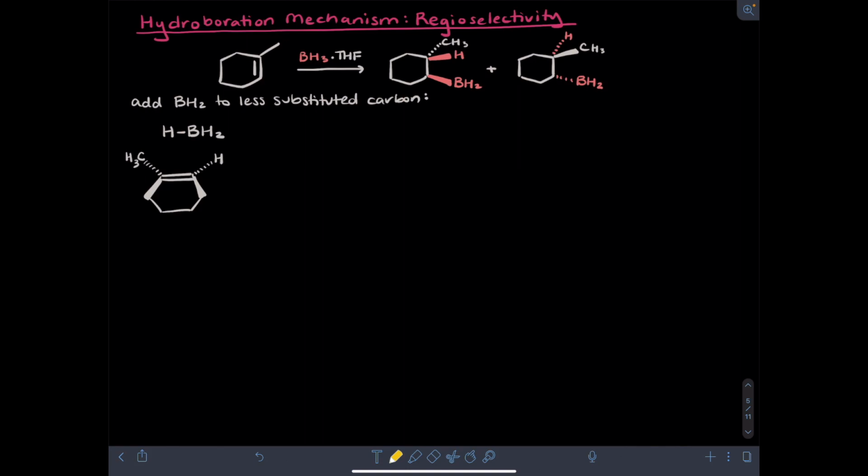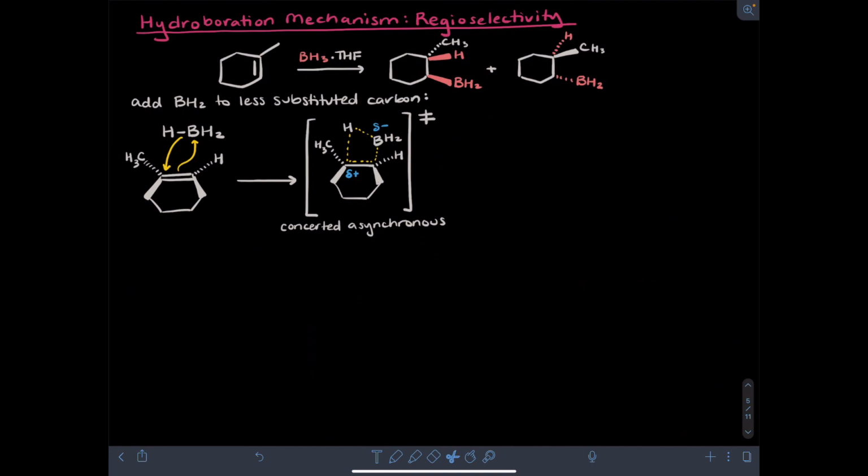It's going to have 2 curved arrows for a reaction that occurs in a single step. What you're going to do is take the electrons from the pi bond and bring them to boron, which has an empty p orbital, and then you take the electrons from the BH bond and bring them to the more substituted carbon of the alkene.